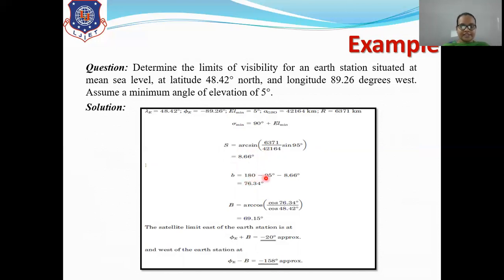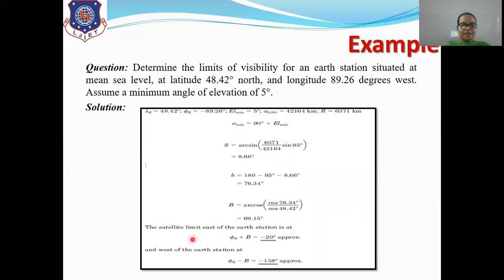So we will have 180 minus 95 minus 8.66, which is equal to 76.34. And last, we will substitute the value of small b in the equation to find capital B. So arc cos of cos b by cos lambda E will be equal to 69.15.